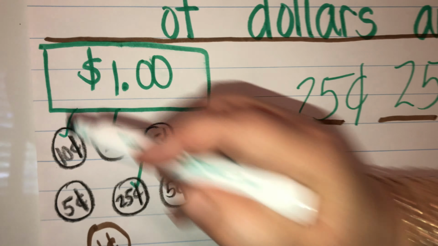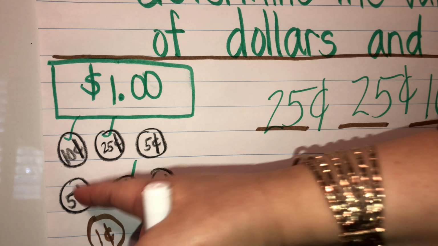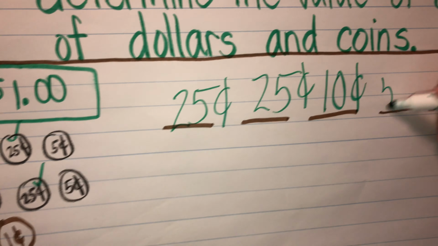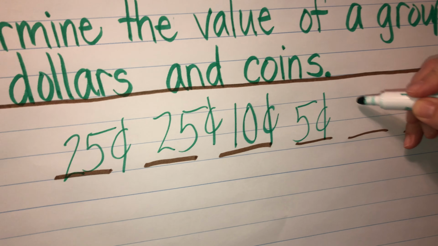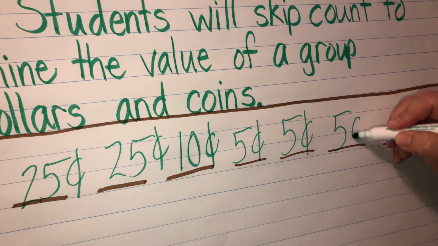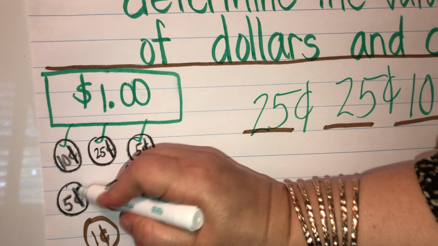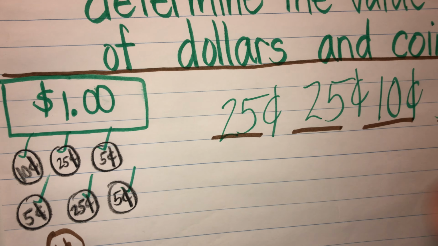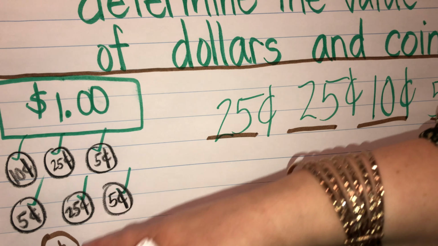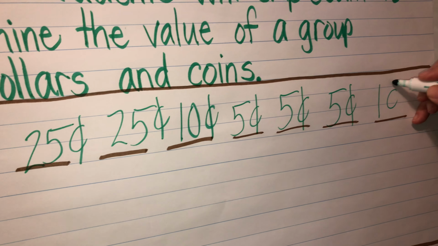So I write 10 cents only once. And then I see 3 nickels. So that is what I'll write next. And I'll put the little check mark so that I know that I've already written them in our order. And I have one left, and that is the penny.